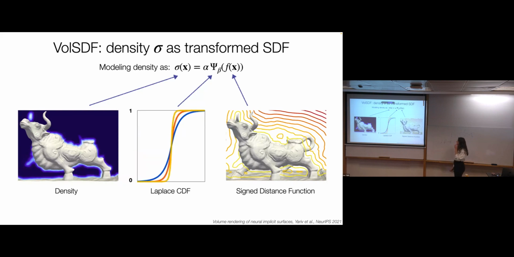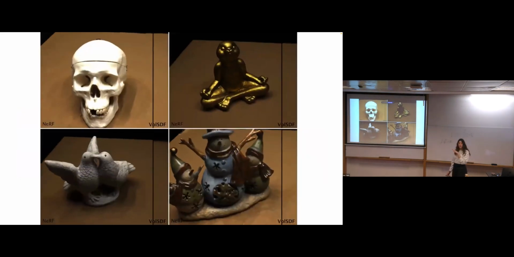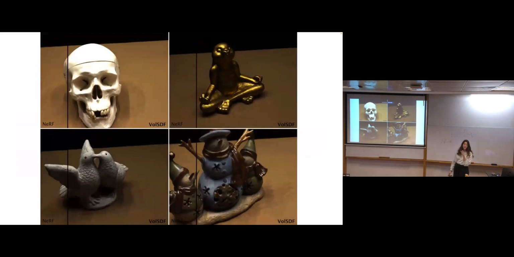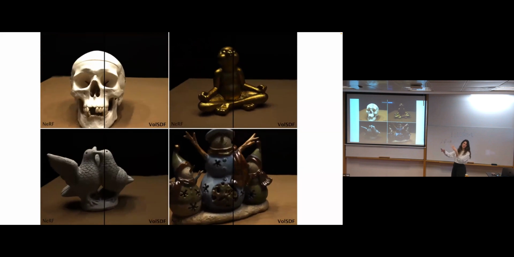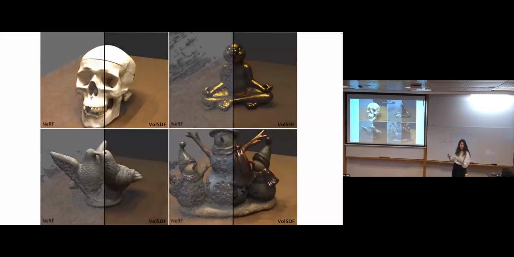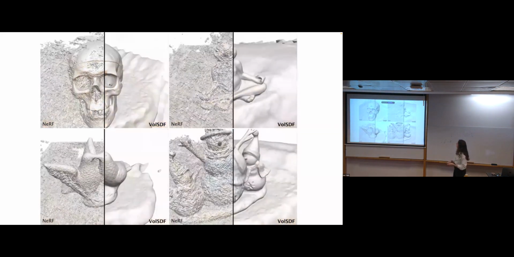Okay, so let's look at the results. Something I didn't mention, and one of you asked in the break, is that all these results are from a real data set, of objects placed in a studio and captured with cameras. So it's not synthetic.